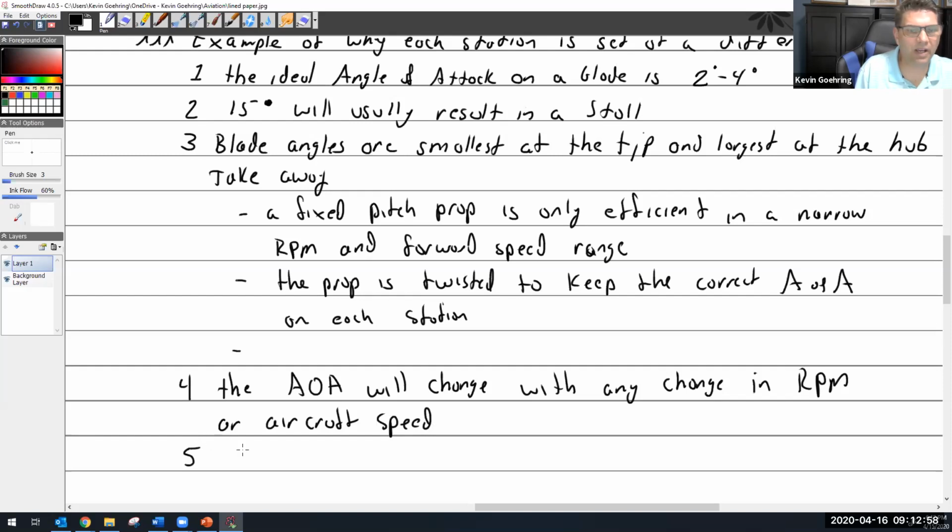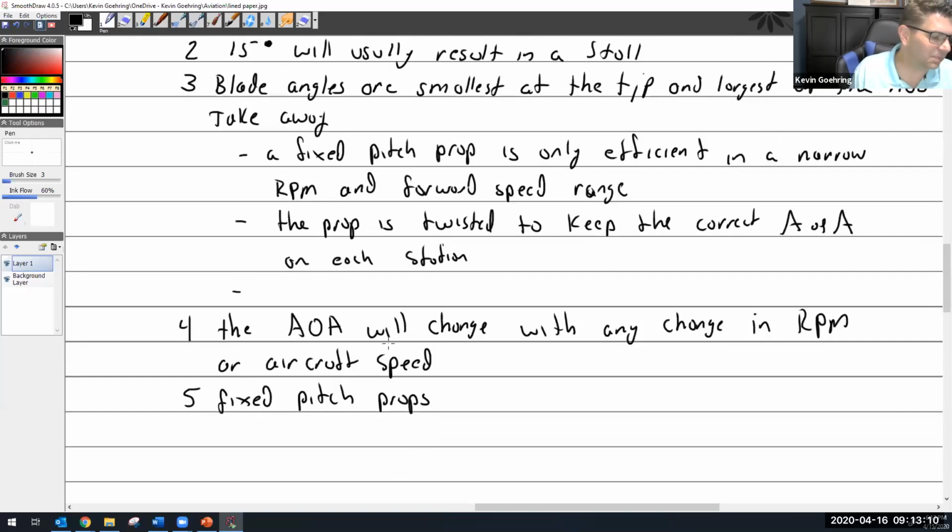That'll make this 5. So fixed pitch props. Probably didn't need to write these two points up here, my takeaways, because I think I'm writing them here. Fixed pitch props are typically designed, I don't know why I write typically, because it's just, they are. I add words in there, sorry. I guess it's a qualifier just in case somebody wanted to prove me wrong. Well, I didn't say all of them.